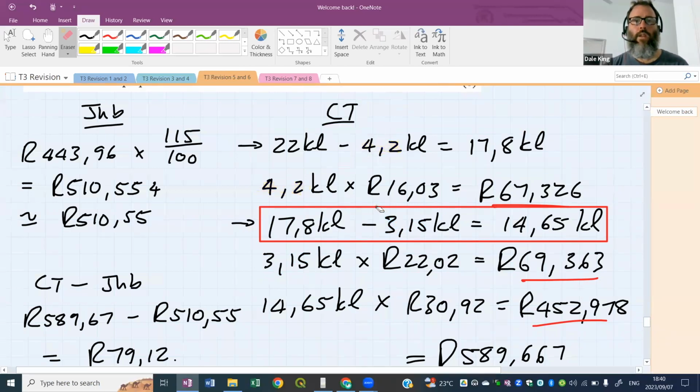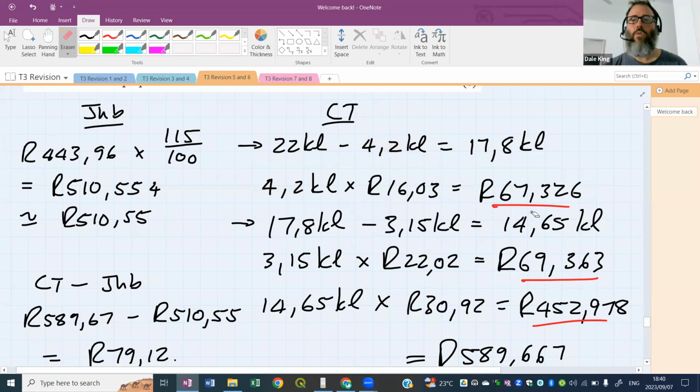So 16 and 3 is not the amount you're paying for the total water. The 16 and 3 cents is a price per kiloliter for the water. So 16 and 3 and 22.02, those are per kiloliter prices.